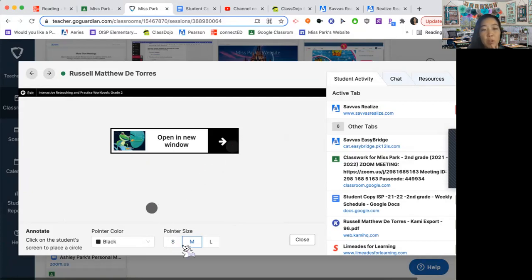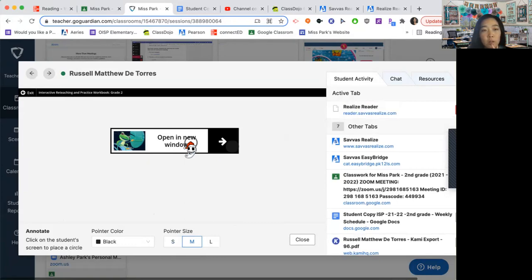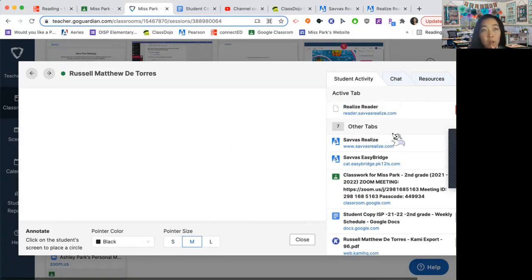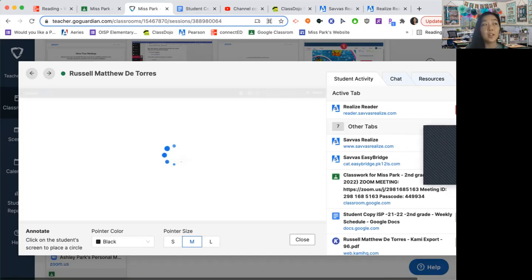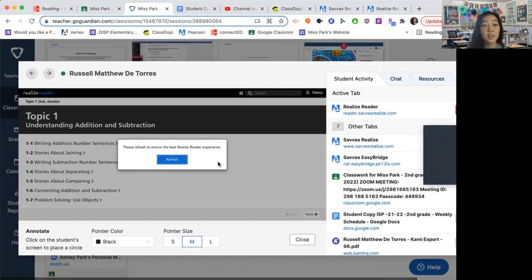And then click open a new window. All right. So if you don't have your book, that is your other way that you can get it. Okay, so click refresh.